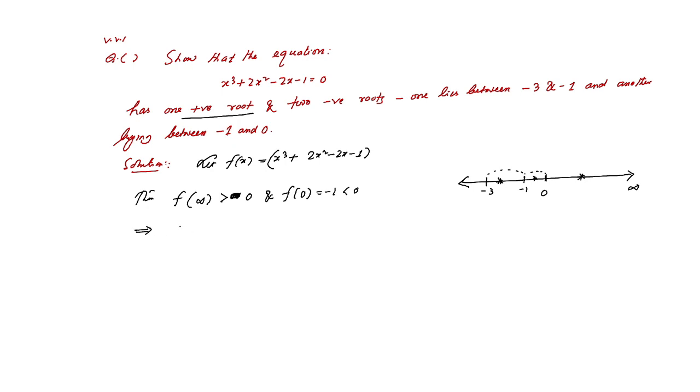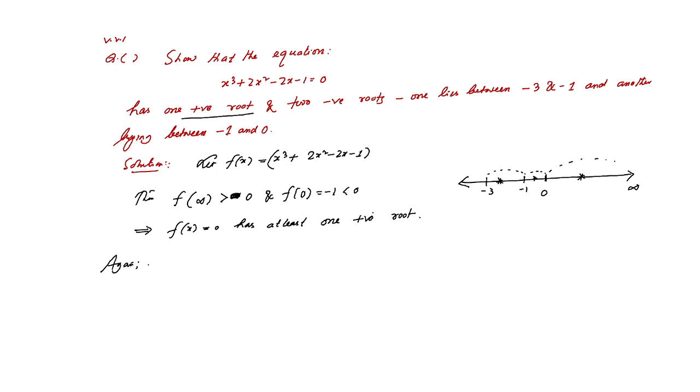Then we can say f(x) equals 0 has at least one positive root, or you can say one root must belong to 0 to infinity. Now we will calculate again.